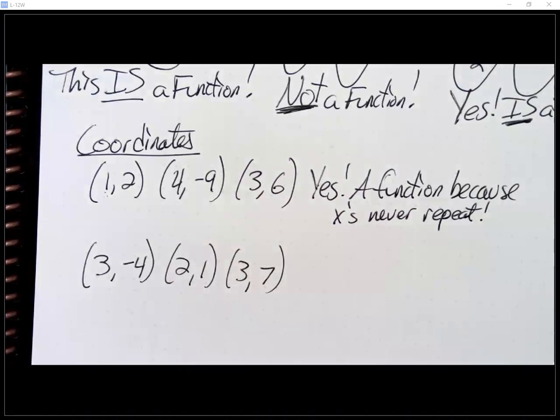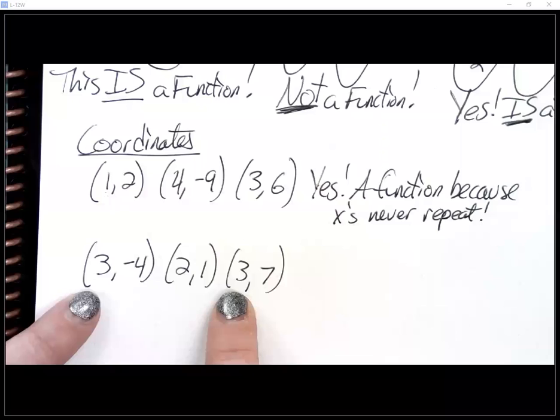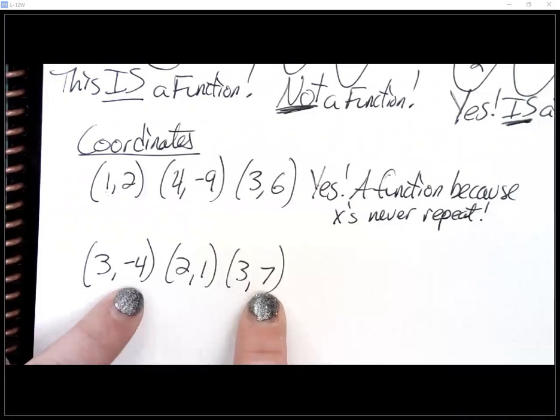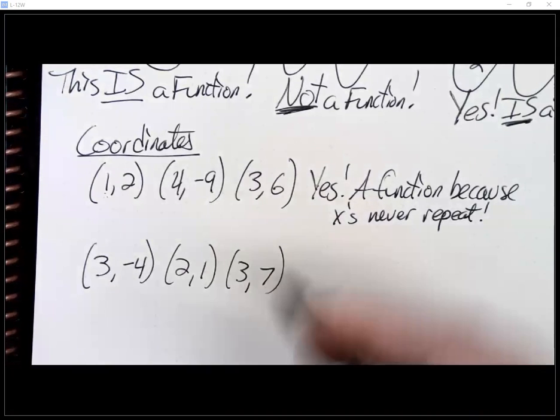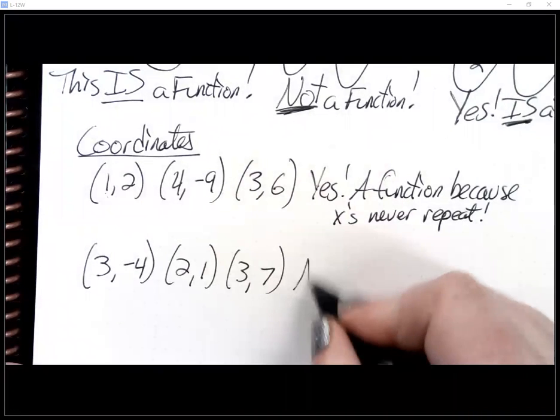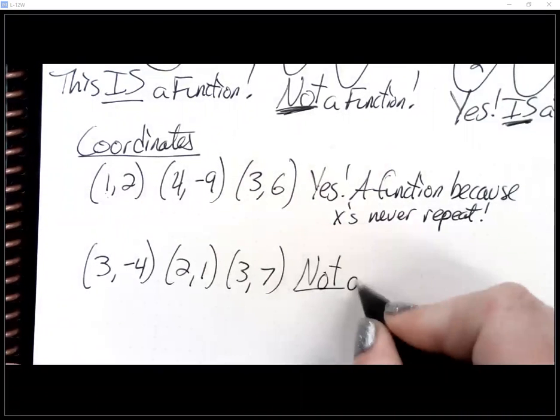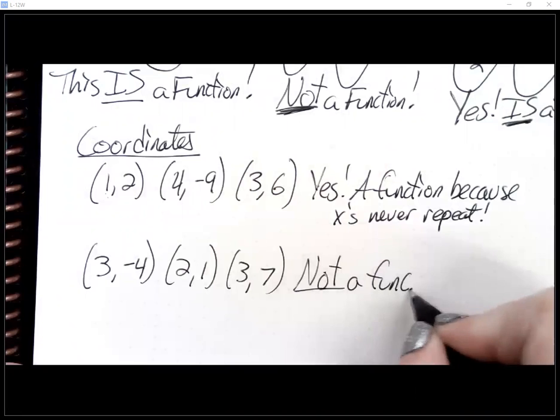If I plug in 3, it's giving me out 2 different Y values. In one scenario, I get a -4. In one scenario, I get a 7. I can't have that. When I plug in a number for X, I can only get one number back out for Y, and I'm not here. So this is not a function, because X is repeated.